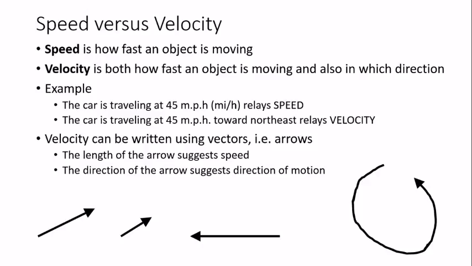Let's go ahead and take a look at this motion. The direction that this motion is going actually would be changing. So for instance, if this is A and this is B, here early on in the motion, let's make it a car, notice that the car was traveling in this direction. At this point, the car is traveling at this direction. At this point, the car is traveling at this direction.